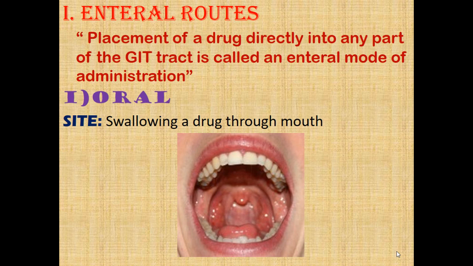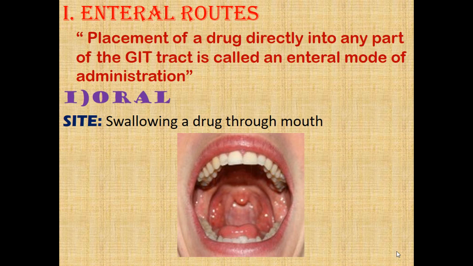Then the question will come: how can I represent it if they ask about the oral route of administration, or how do I start writing? Whenever you see any route of administration as a question in the exam, first write which class that route comes under: either enteral, parenteral, or topical route.